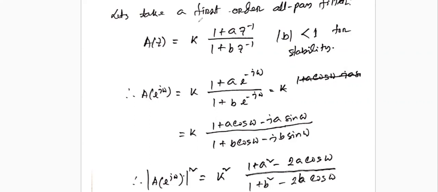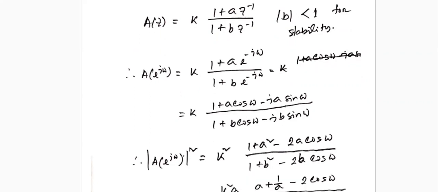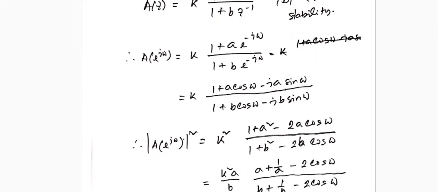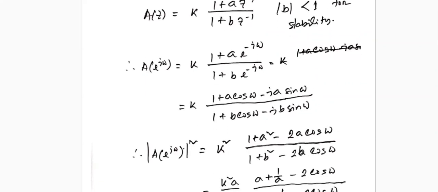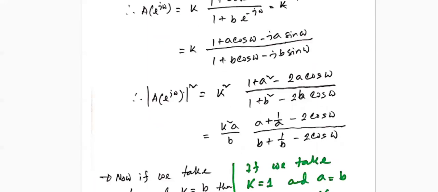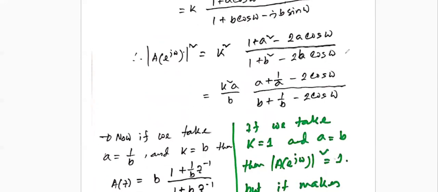I believe you don't have any confusion that this is a first order filter. From there, we replace the value of z with r e to the power minus j omega, letting r equal 1. From there, you can elaborate the things trigonometrically by putting in Euler's formula. We can have this equation.